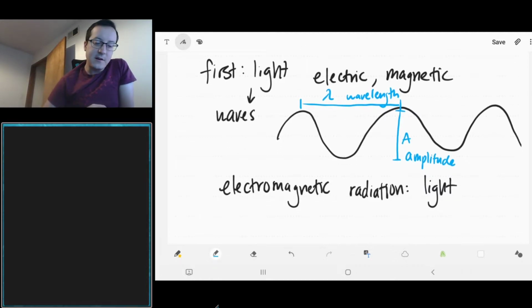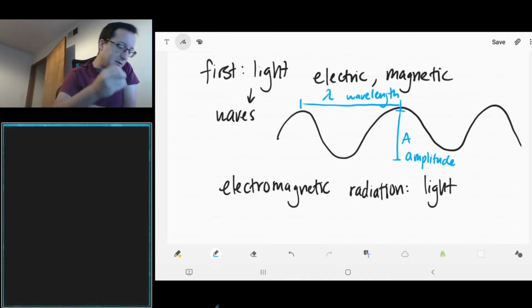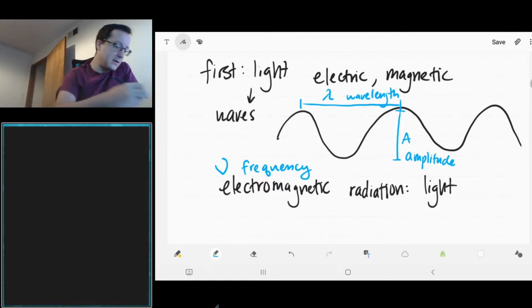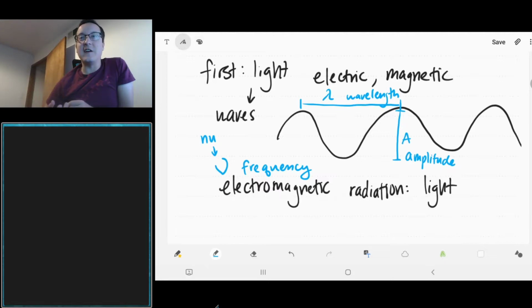And then one that's not as visible to us when we're talking about waves like this directly is what's called the frequency, which is this Greek letter nu. It's not a V, it's a fancy V. It's a squiggly V. That's a Greek letter nu.